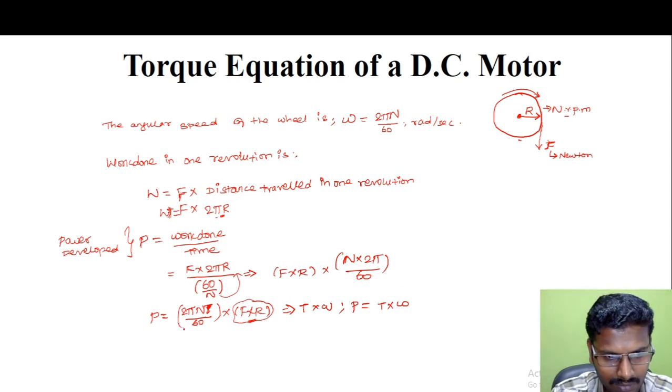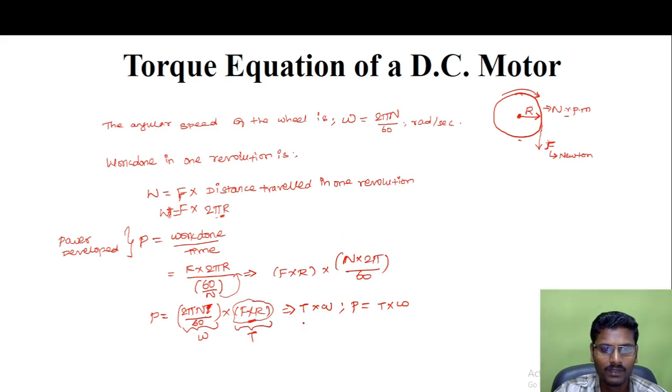So we are expressing force into radius as torque, and 2πN by 60 is equivalent to omega, angular speed. This is the power developed in a DC motor, and the unit for power is watts.